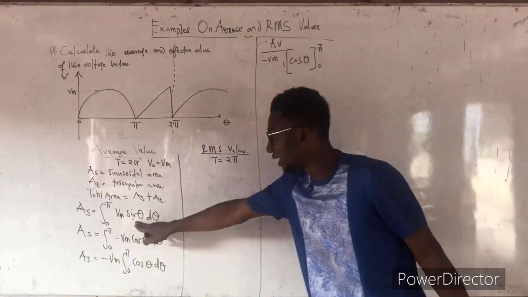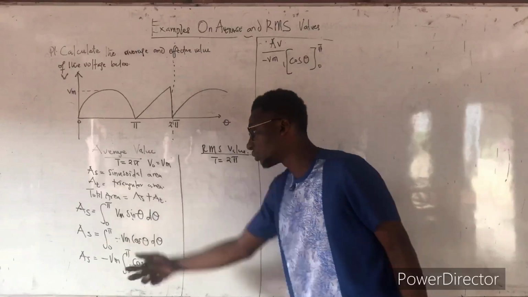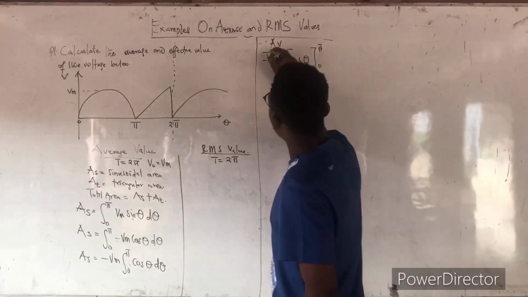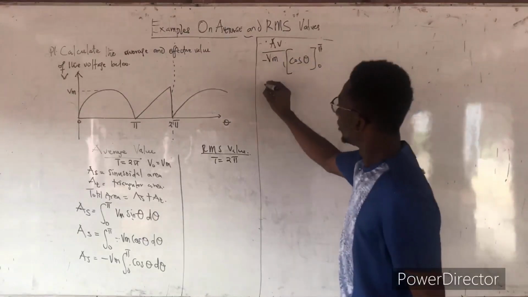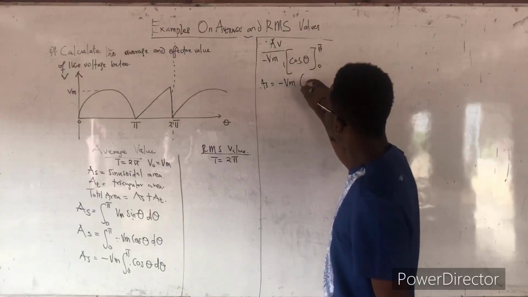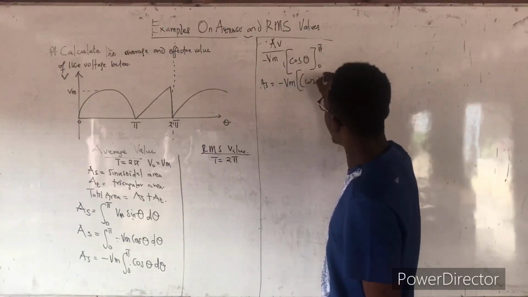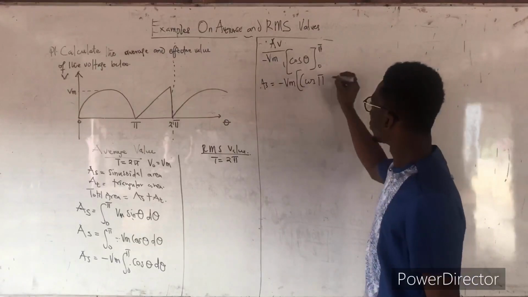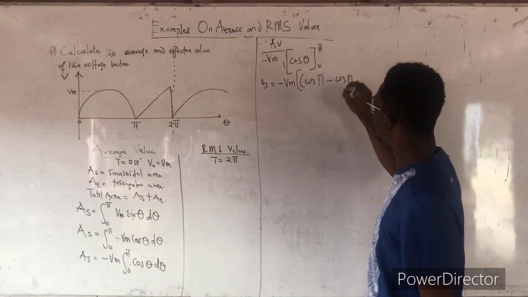So we integrated the sine theta. This one is a fixed quantity. Okay, so now here we still get our AS to be equal to minus Vm into bracket cos of pi minus cos 0.